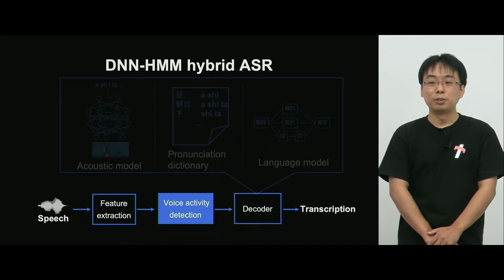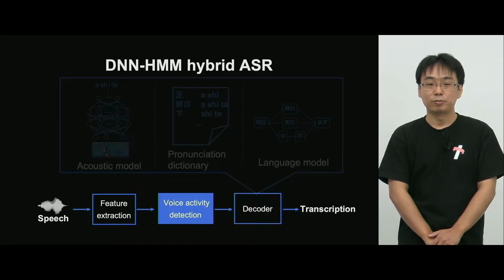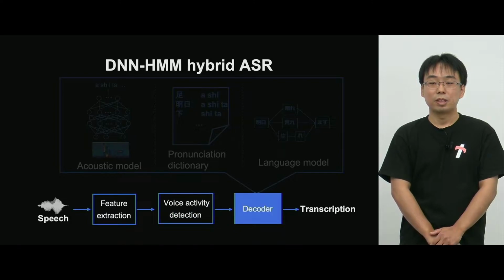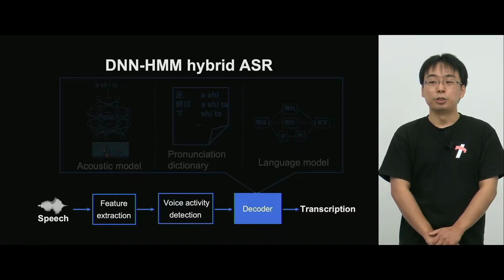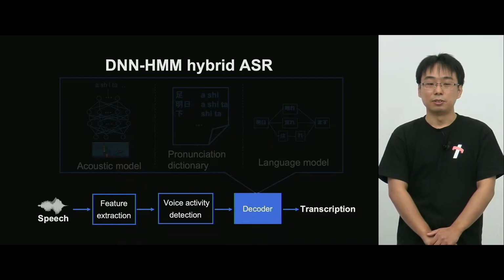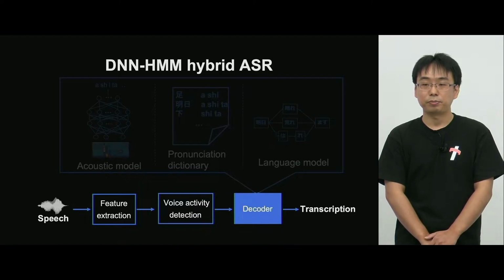However, this includes intervals where there is no utterance by the user, which means it takes a longer time for processing. Therefore, we use voice activity detection technology so that only the utterance intervals are captured. Using this, the decoder is a module we use to infer the most likely text.